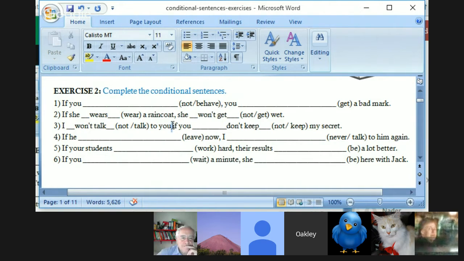Actually, a little side note here. If in English is considered to be a time subordinator. It belongs in the same class as before, after, when, as soon as, until, and others that have something to do with time. If and unless are actually considered time subordinators.